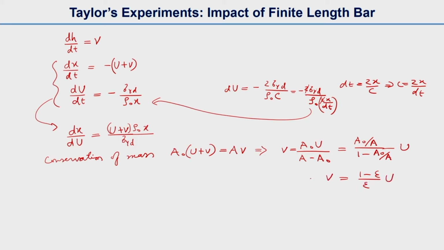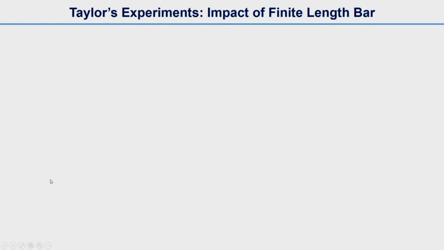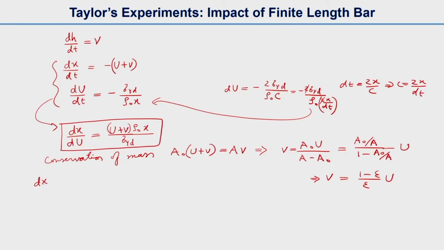So what we got is the plastic wave propagation velocity small v in terms of strain and the impact velocity capital U. Now we will substitute this v in the above equation.